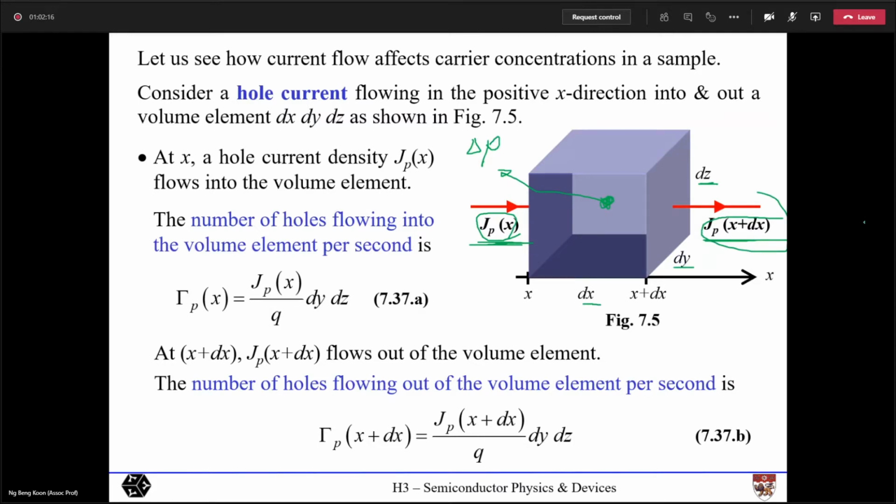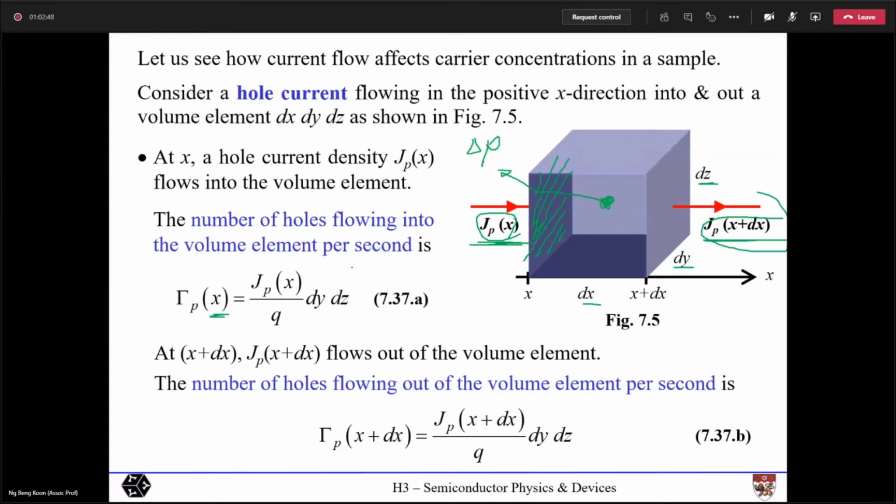First we can define a quantity which describes the number of holes flowing into the volume element per second. We write this as gamma P at position x. In other words, what is the number of holes crossing this face of the volume element into the box?